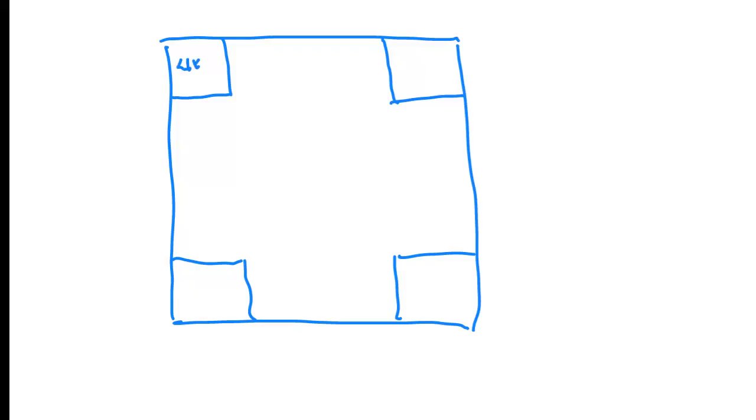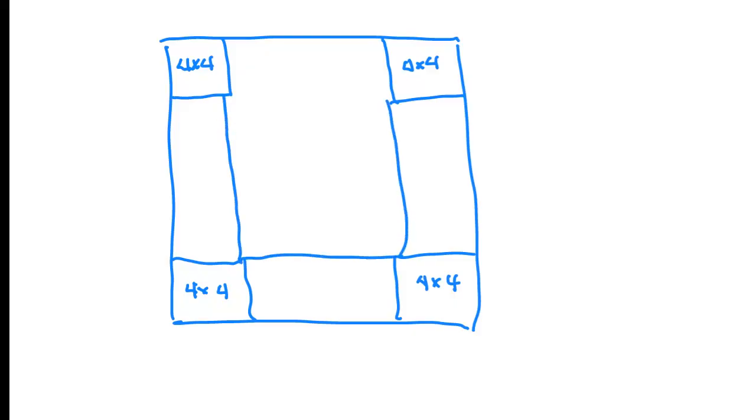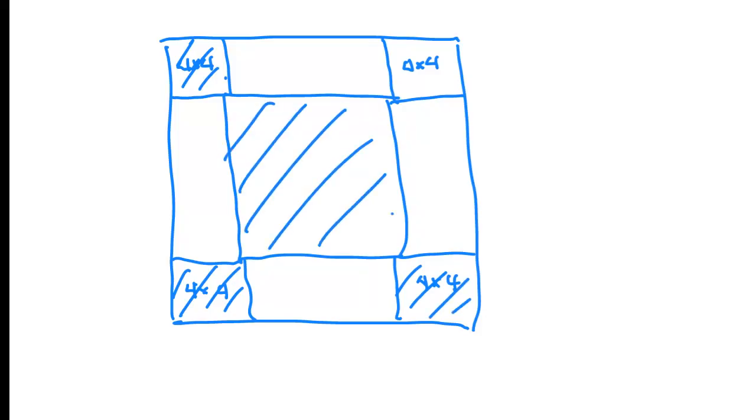And this is 4 by 4. This is a 4 by 4. This is a 4 by 4. And this is a 4 by 4. And again, this is not to scale. Okay, and this is all colored in with the gray or your shaded pencil.